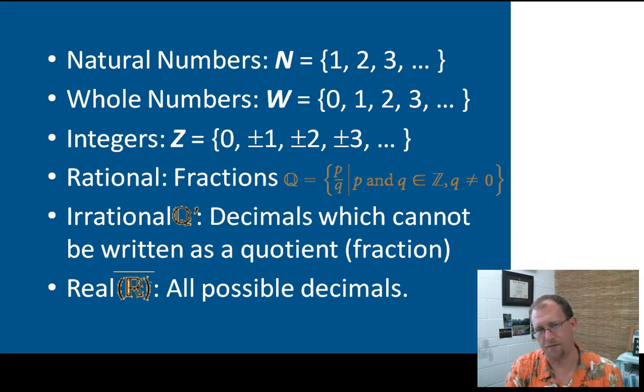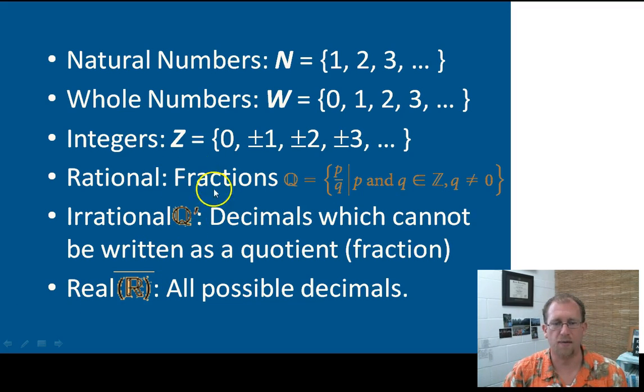So like pi, for example, 3.1415, and off it goes, right? And it never repeats and it never terminates. That's an example of an irrational number. Certain square roots don't repeat and don't terminate. And so like radical 7, you just leave it as radical 7. That's the best you can do. And that's an irrational number, okay?